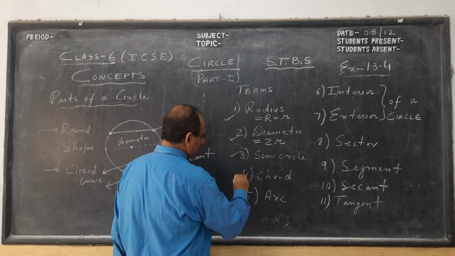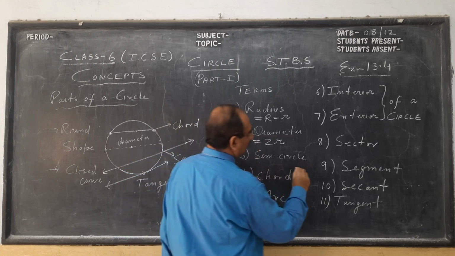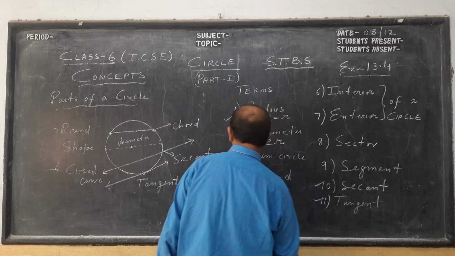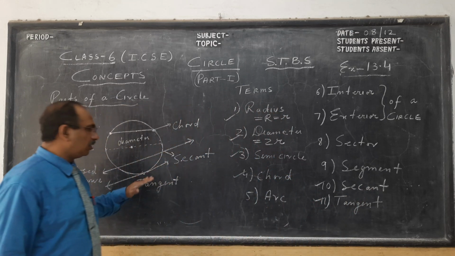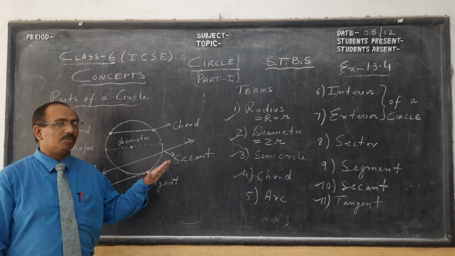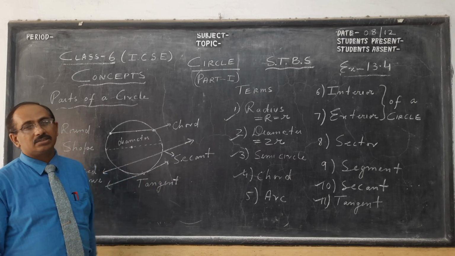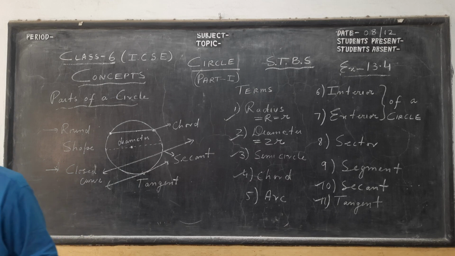We have done chord, secant, tangent and diameter. So this concept we have understood. You can pause the video, go back and listen once more. Kindly pause the video and copy, then we move on to some other parts of the circle.